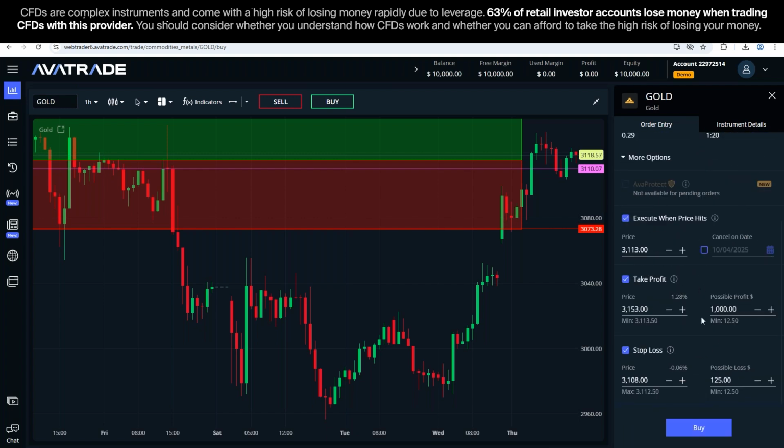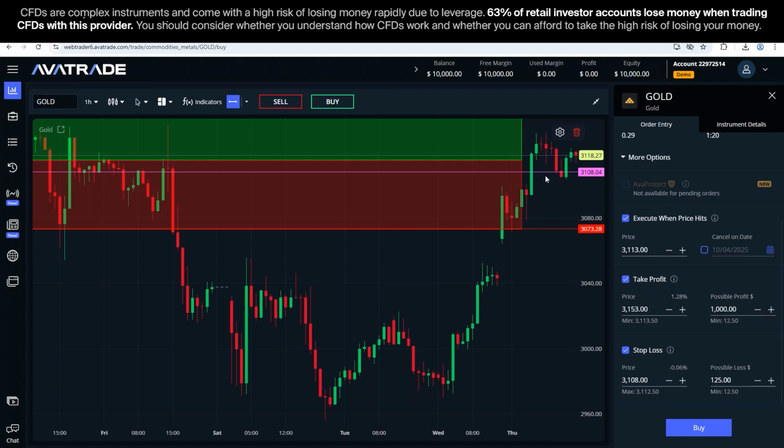Now we see that the stop loss has gone farther. We can see 1,000 in possible profit and 125, which is the same percentage, but a few dollars away.